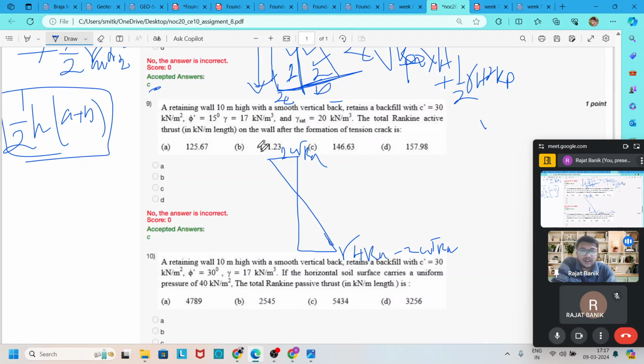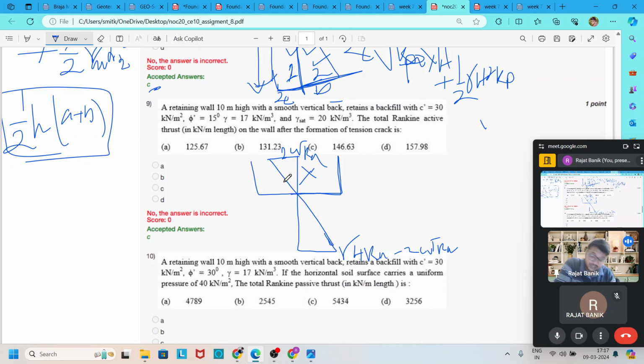It is said that after formation of the tension crack, what is the total active thrust? So we have to reject this part of the pressure diagram, from here to here. It does not come into the calculation, because we want the total thrust after formation of the tension crack.